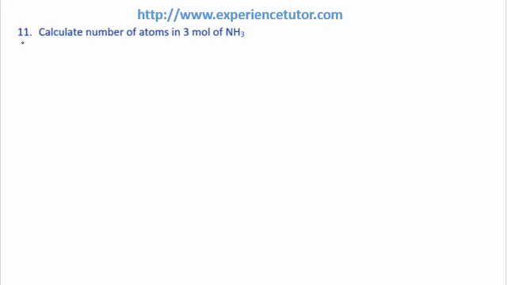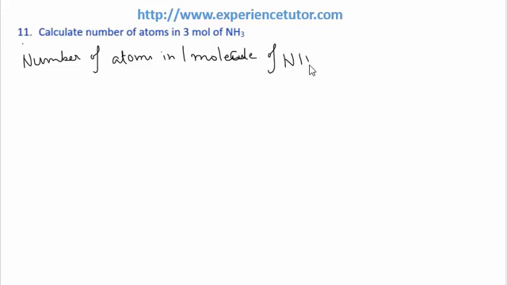So number of atoms in 1 molecule of ammonia is equal to 4, 1 nitrogen and 3 hydrogen.